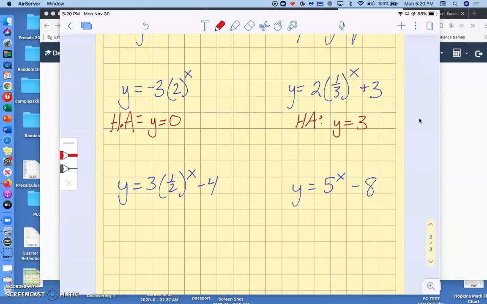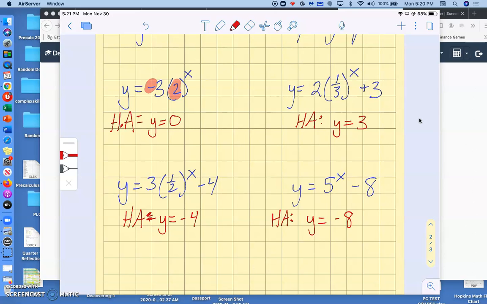This third one, where's our horizontal asymptote? Well, it's moved down 4, so it's y equals -4. And then this next one, 5 to the x minus 8, it'd be at y equals -8. So HA, again, is our horizontal asymptote. And now what does this look like?